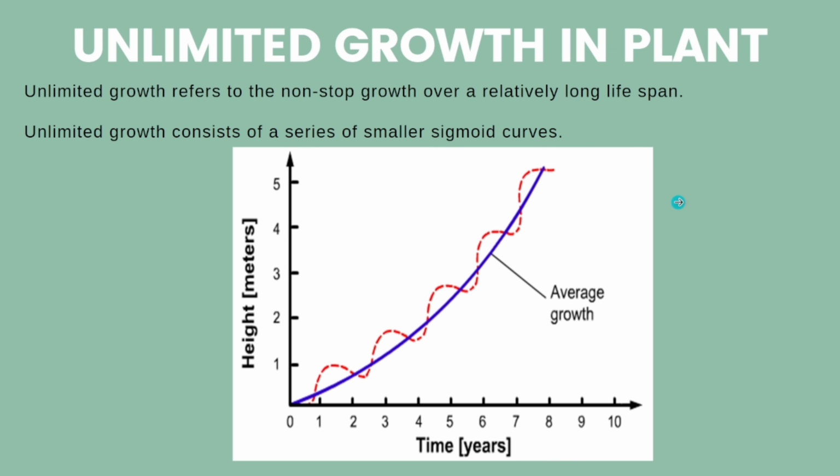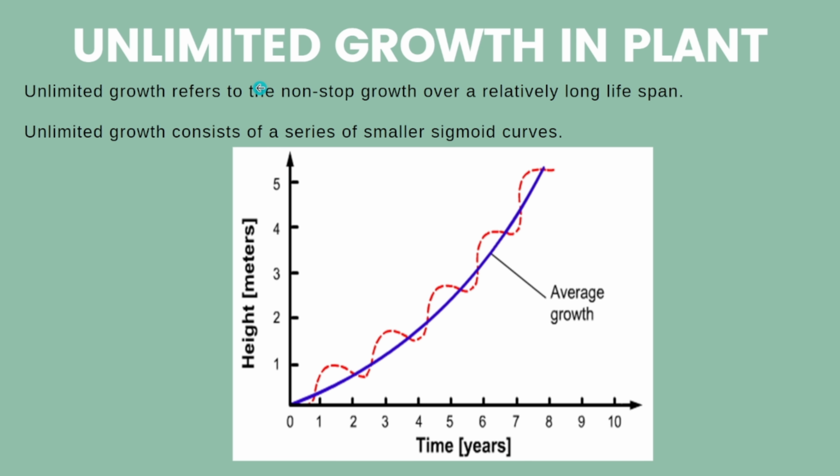This only happens in plants with secondary growth, which are normally woody plants. It is non-stop, unless there is human action or a disaster, like an earthquake, tsunami, flood, or humans doing logging activities or deforestation.